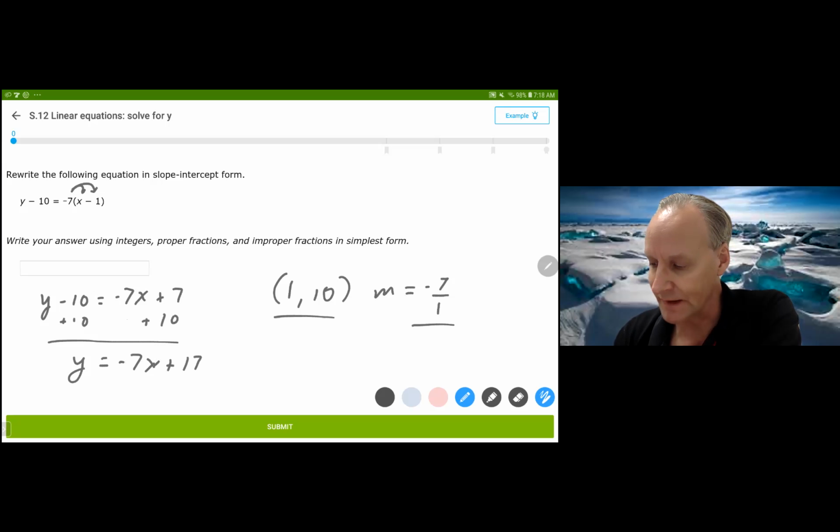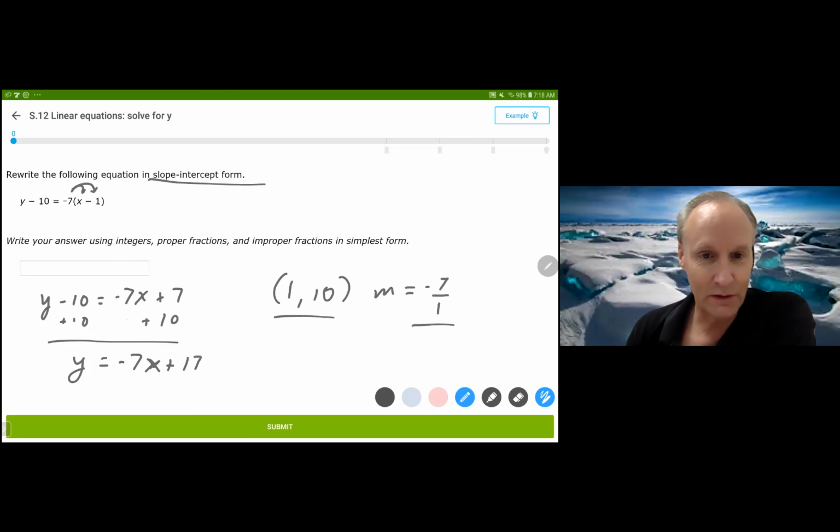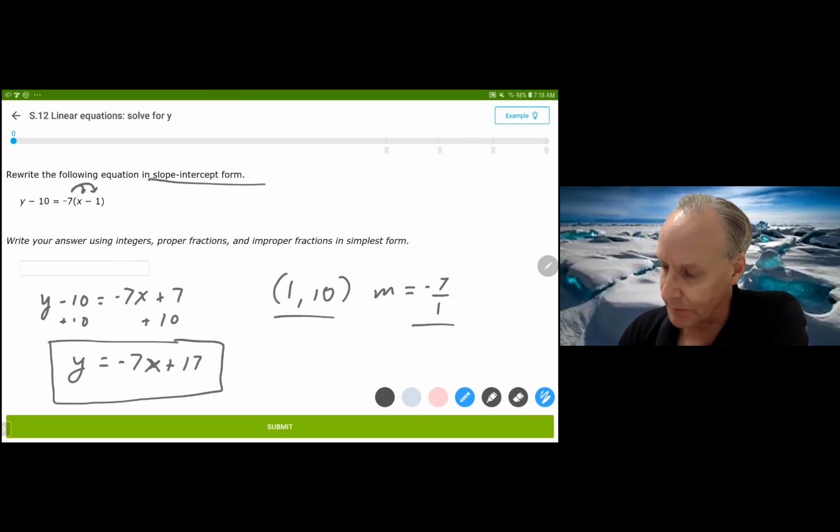I didn't even read the question. In slope-intercept form. Yep, that's what I figured. So we solved for y. We have it now in slope-intercept form. And instead of going through the point (1, 10), it's more obvious that I can go through the point (0, 17), isn't it? But it still has the same slope.